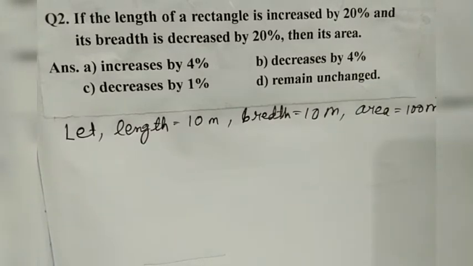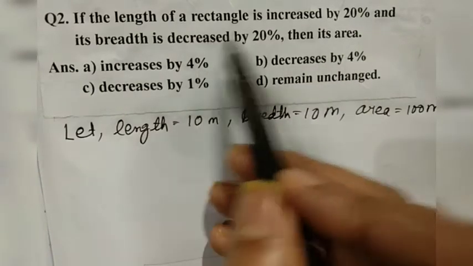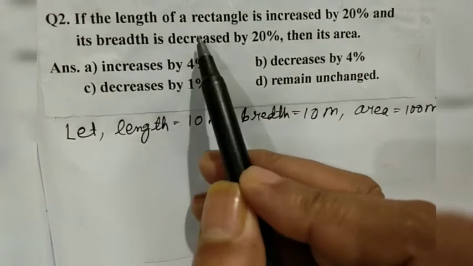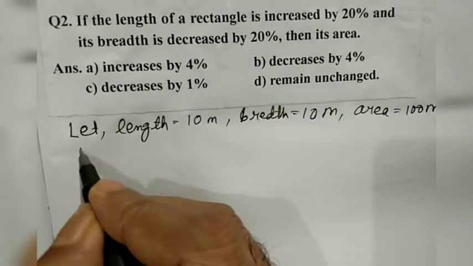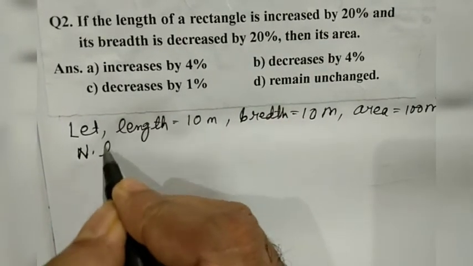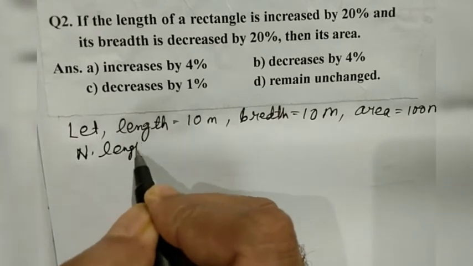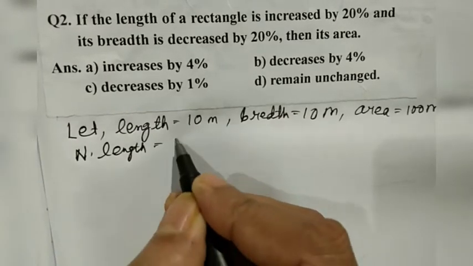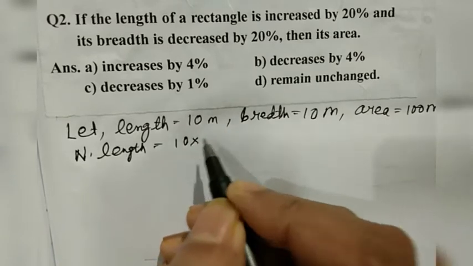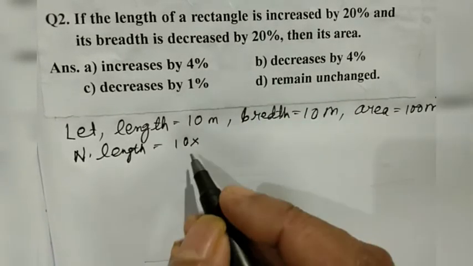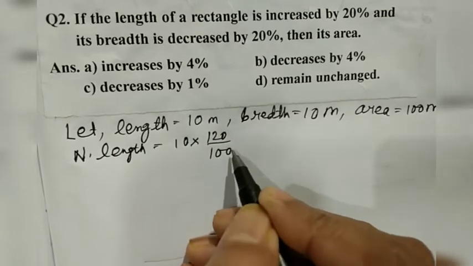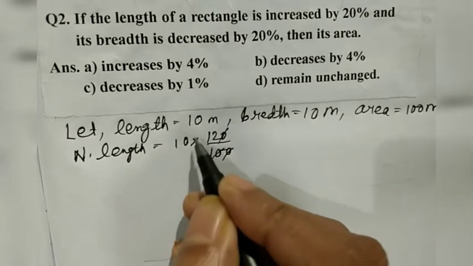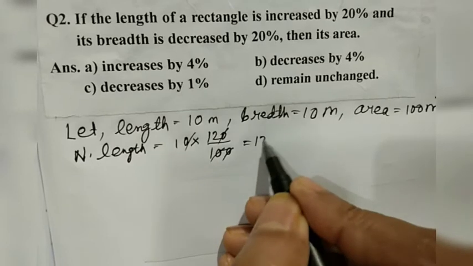Okay, length of rectangle is increased by 20%, then new length 10 into 120 by 100, that is 12 meter.